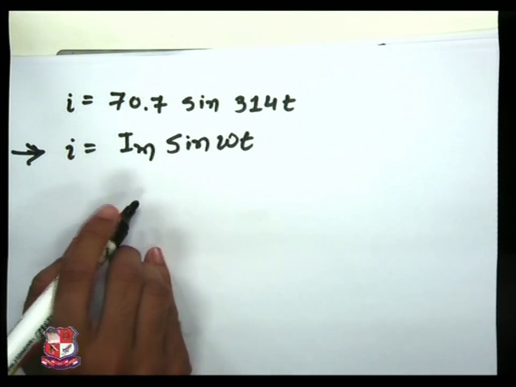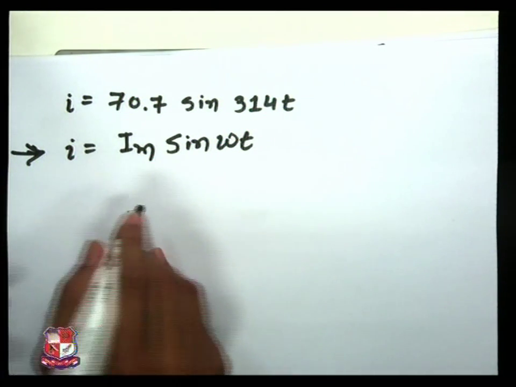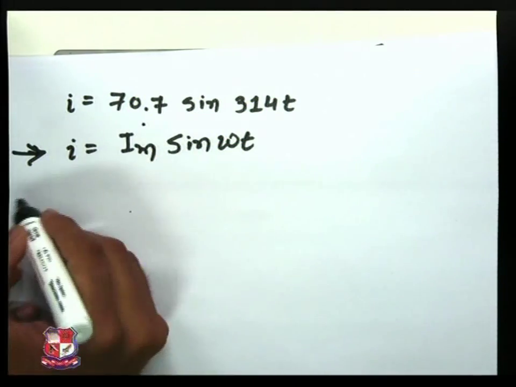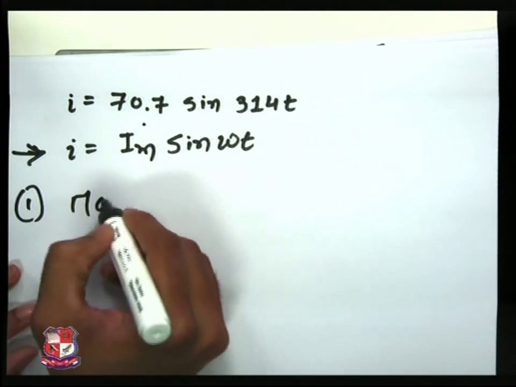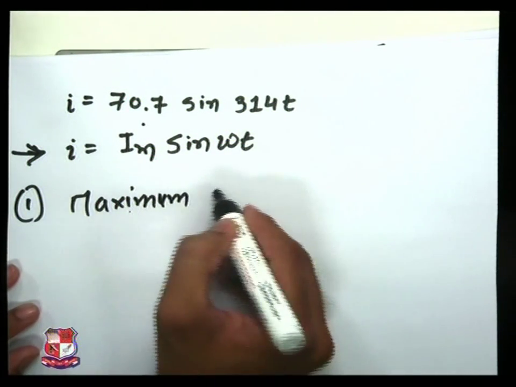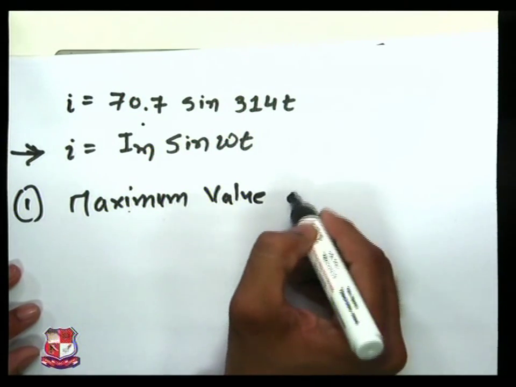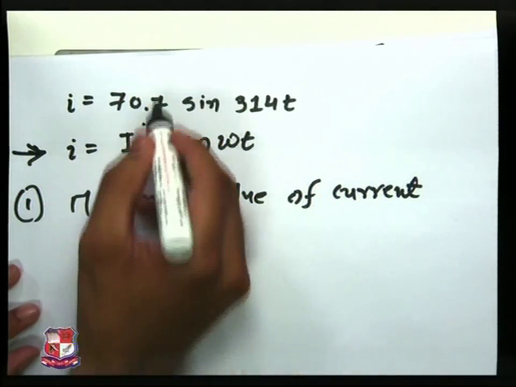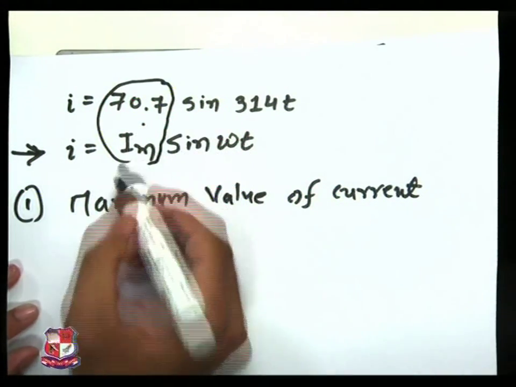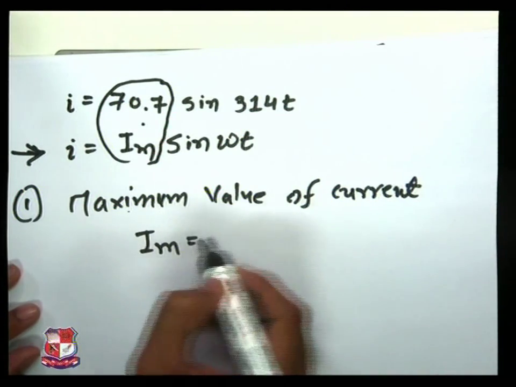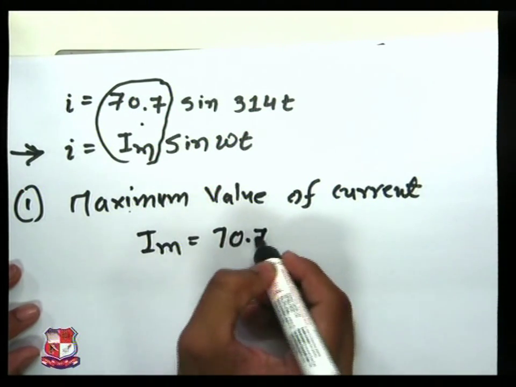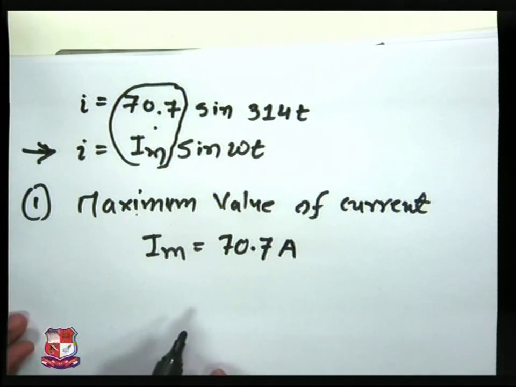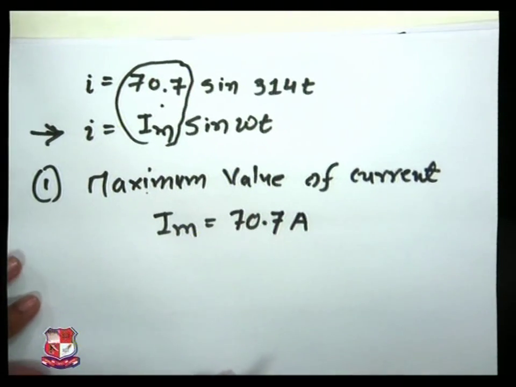Now comparing each and every value, we get the answer. So by comparing the given data with this, our first answer is the maximum value of current, Im equal to 70.7 ampere.